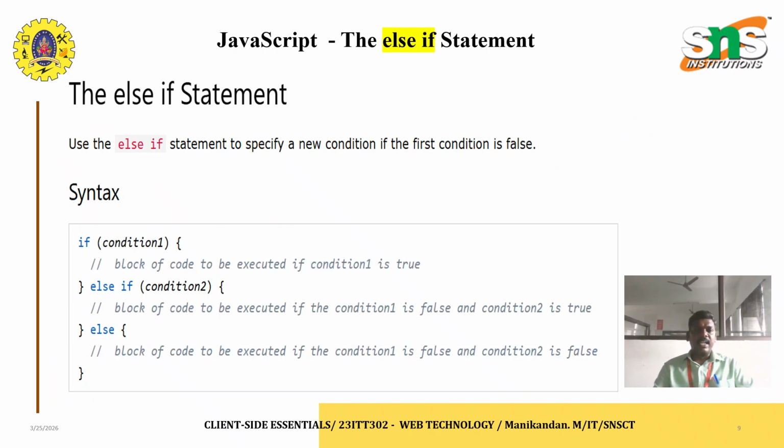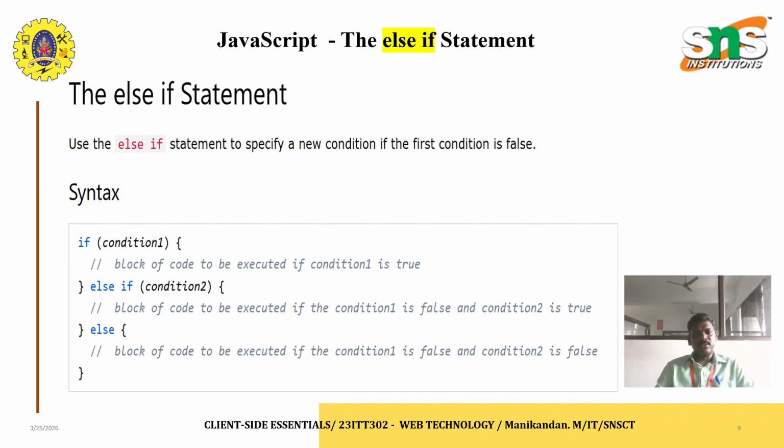Then the else if condition. When we go for else if, it is a nested condition. Use the else if statement to specify a new condition if the first condition is false. In the example, we are checking the first condition.